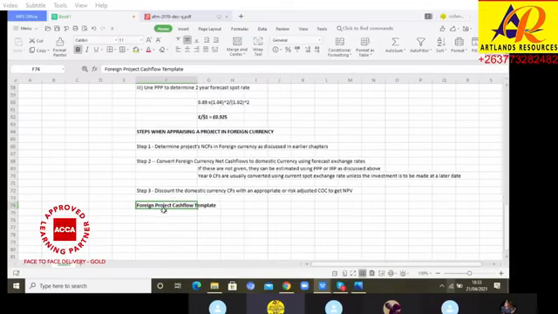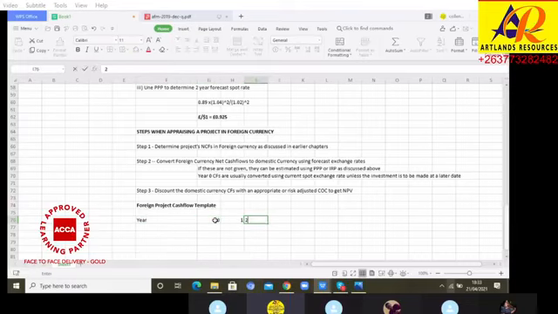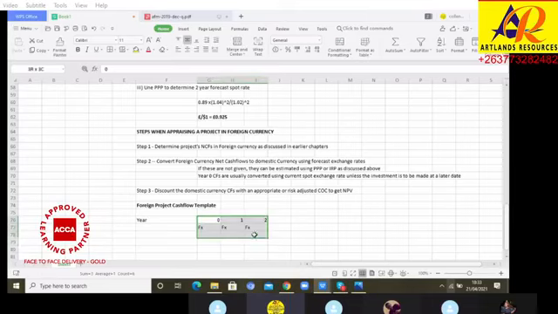So we now have year 0, 1, 2. So what you do is you first make sure that this is Forex. The first step says cash flows should be in foreign currency, which I'm denoting as FX.